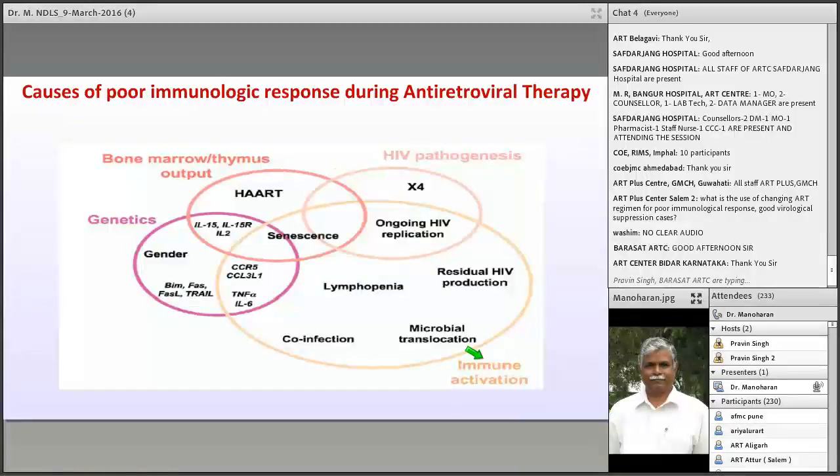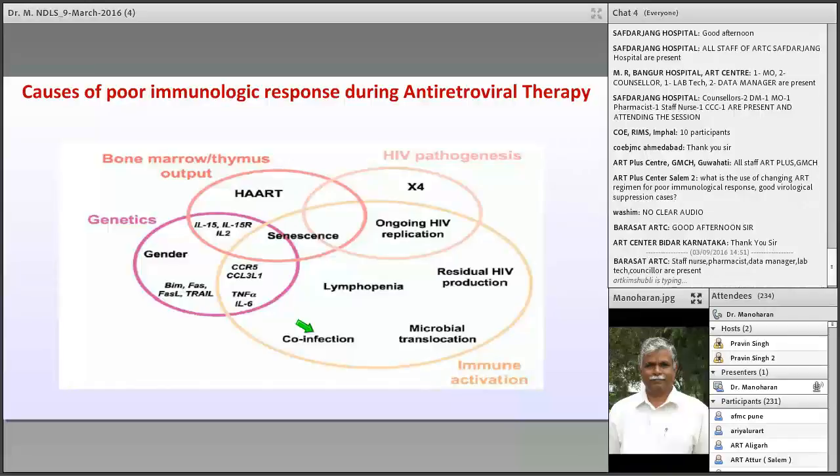Another important point is related to co-infection and immune activation. If active co-infections reinforce the global immune activation, the infectious agent's response for these co-infections might be targeted.